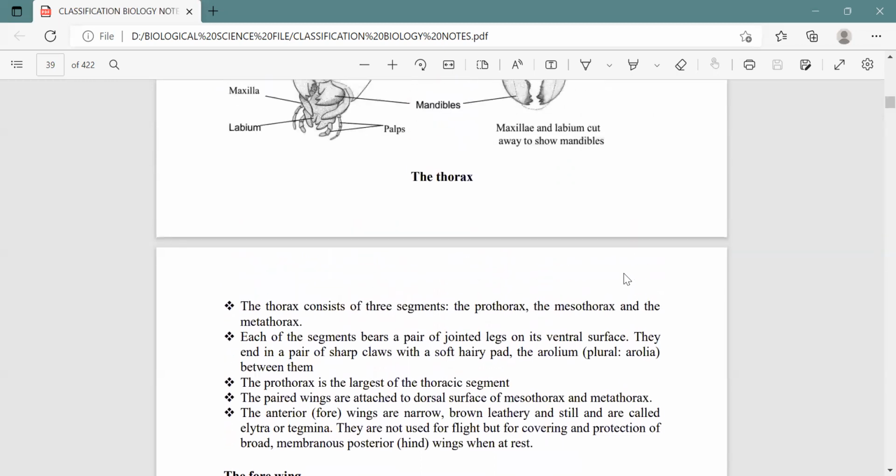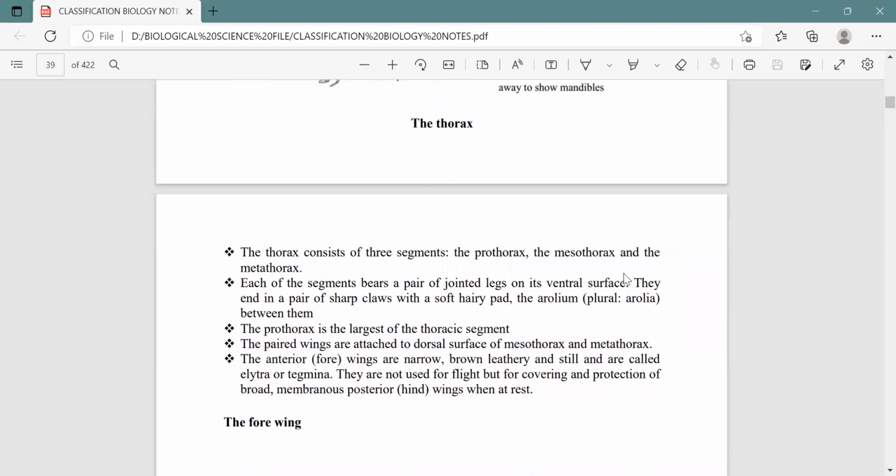Going to the second part, which is the thorax, we can see that the thorax is divided into the prothorax, the mesothorax, and the metathorax, each bearing a pair of jointed legs.